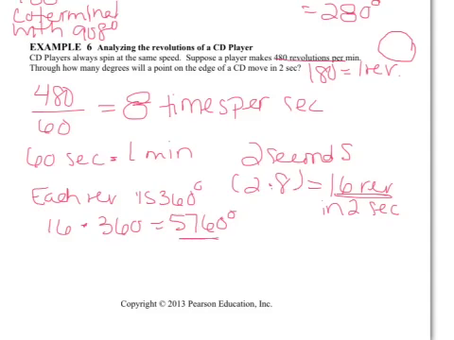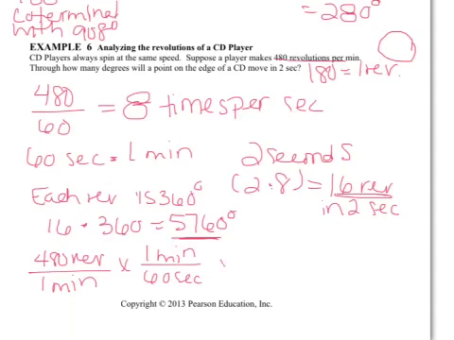So this is one way that you could get to your answer. Another way you could do it is there's 480 revolutions in 1 minute times 1 minute over 60 seconds times 360 degrees in 1 revolution. And you want to do that times 2 seconds because it wants to know how far it moves in 2 seconds.